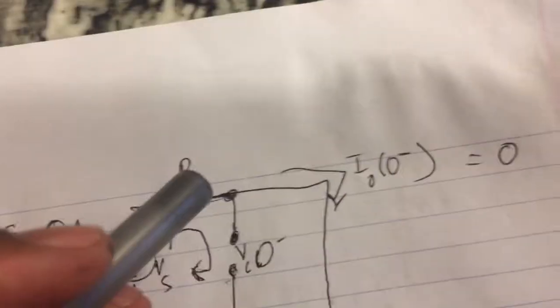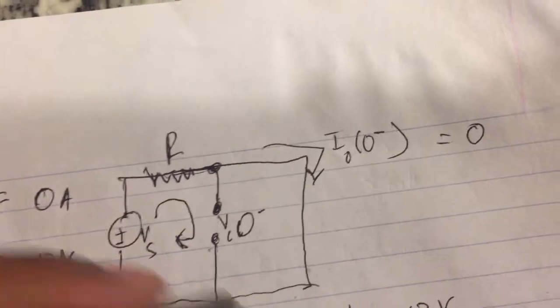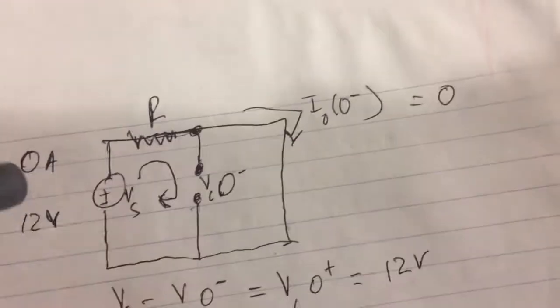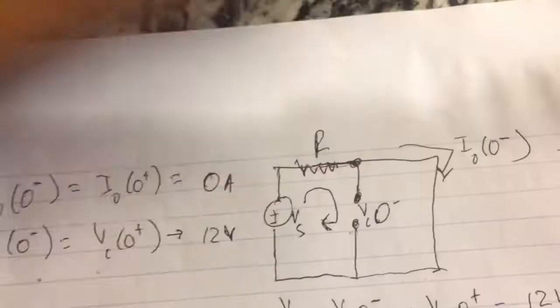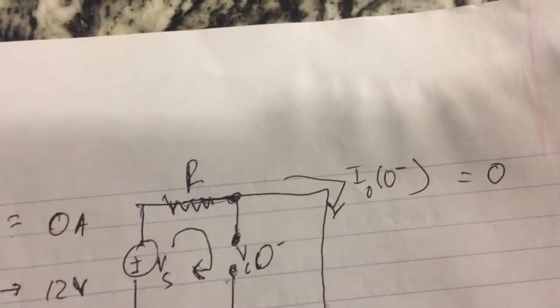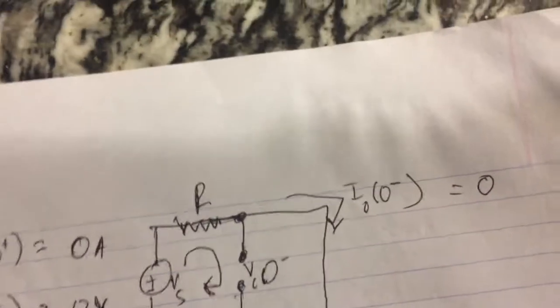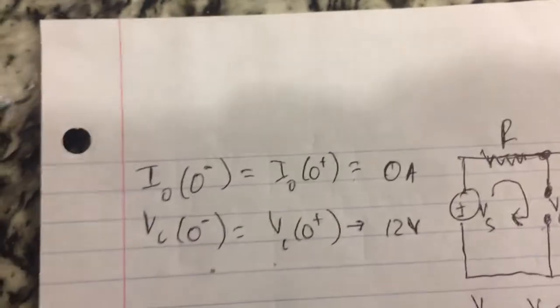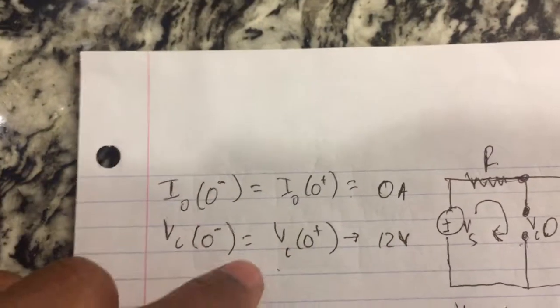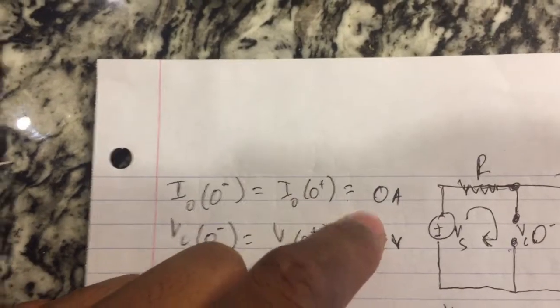We can establish that i₀(0-) is equal to 0 because there's no current going through the circuit at all, right? And i₀(0-) is equal to i₀(0+) because inductor current doesn't change instantaneously, right? So we establish these two things. Vc(0+) is 12 volts. i₀(0+) is 0 amps.